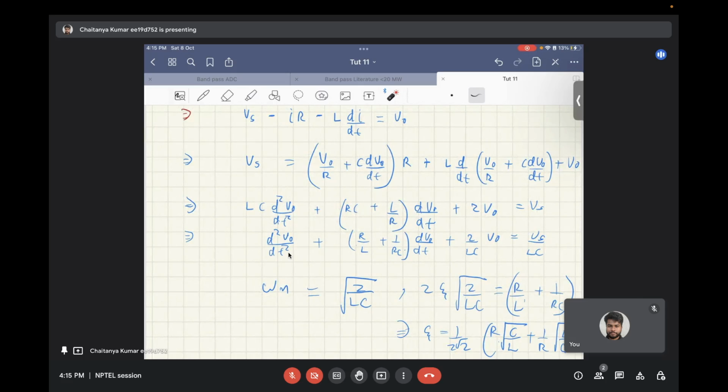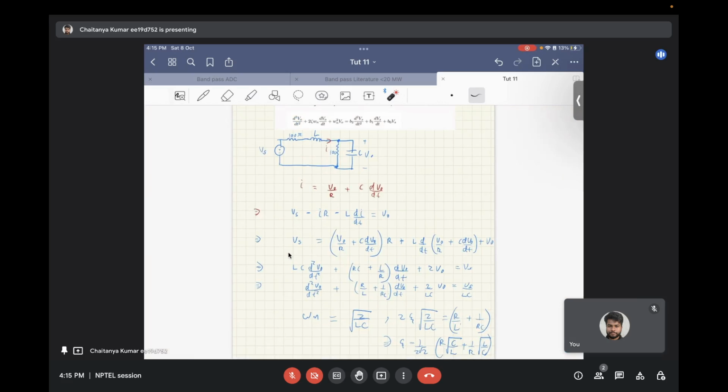So from there we get the value of zeta as 1 by 2 root 2 into R times root C by L plus 1 by R times root L by C. So this is how you needed to find the values of zeta and omega n in this question.